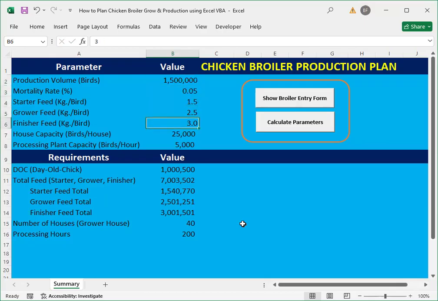Okay, 5%. So therefore, I'm going to calculate this because as an owner of the business, I said, okay, I'm gonna produce 1.5 million birds. So how many day-old chicks do I need? And this is from previous. This is for 1 million day-old chicks. So we're going to calculate.